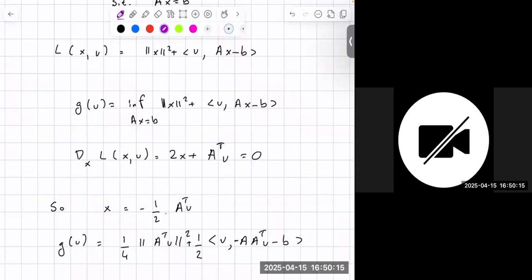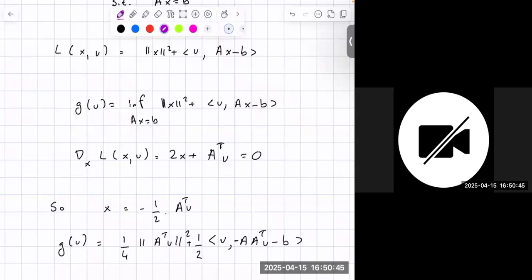For which x I achieve this infimum, I don't know. The function only cares about this v, doesn't care about x. How do I find the x that gives me the minimal thing? Take the derivative, put it to 0, you find it. And you figure out a better way to write g(v) this way. It comes out explicitly written out, whatever this expression is. So you literally can write explicitly what this g function is.